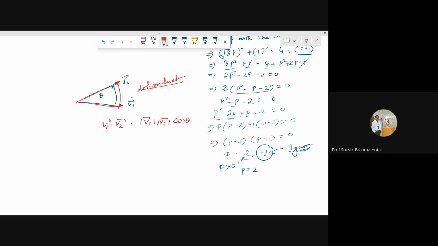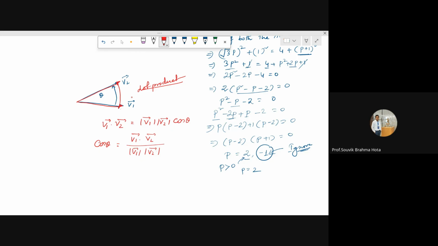Dot product is always cos theta, and when one vector is coming on another vector, that means it is actually cos theta. So from that concept, cos theta is equal to v1 dot v2 divided by v1 mod v2 mod.